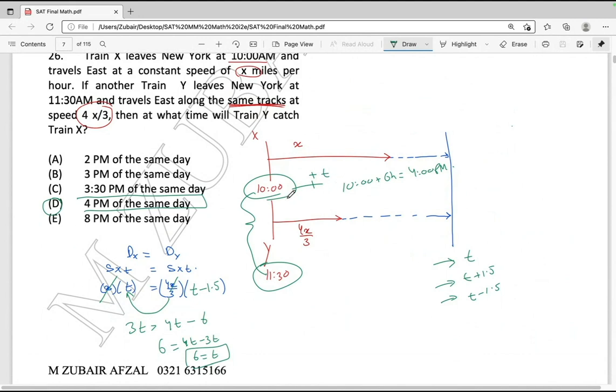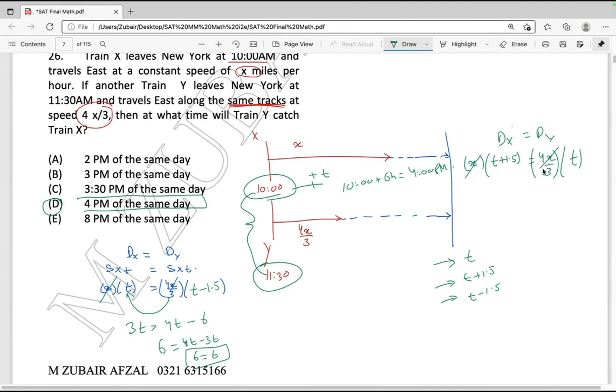If I would have made a different equation, like making y the focus, let's say distance of x is equal to distance of y, and I know this is speed 4x over 3, and if I would have written t over here, I know x is actually taking more time. So I would use speed into time, that is plus 1.5. Now I would see what my t comes out to be.